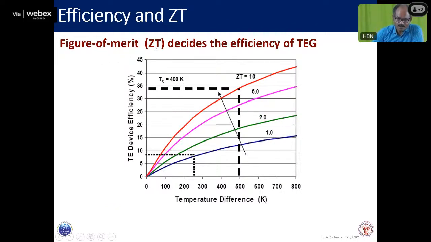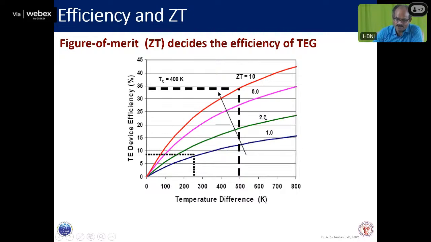Now this figure of merit, as we saw earlier, is directly related to the efficiency of thermoelectric generators. So if we plot with the temperature difference, that is delta T, and this is the device efficiency, for different ZT values, if the ZT value is 1, then you see the efficiency is low.